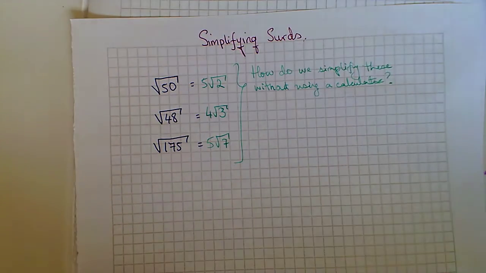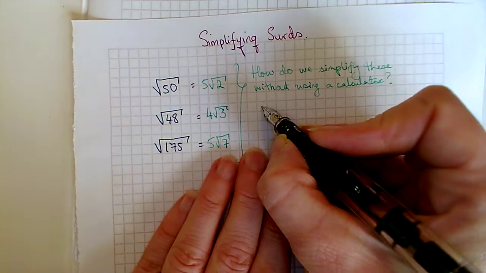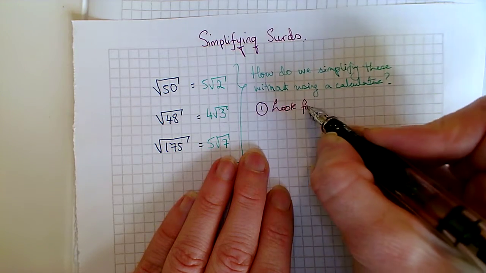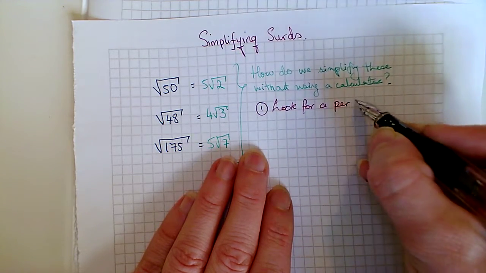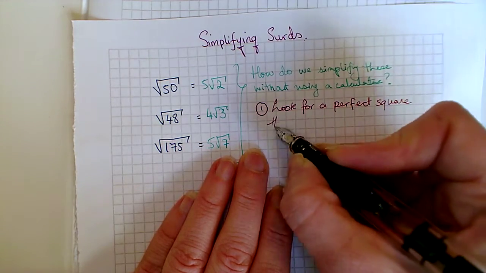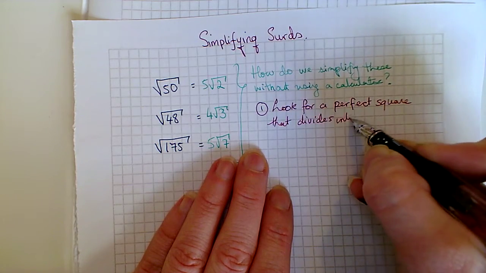Okay, well, let's write down the steps. The first thing you're going to do is, if you're asked to simplify a surd, you look for a perfect square that divides into the number.